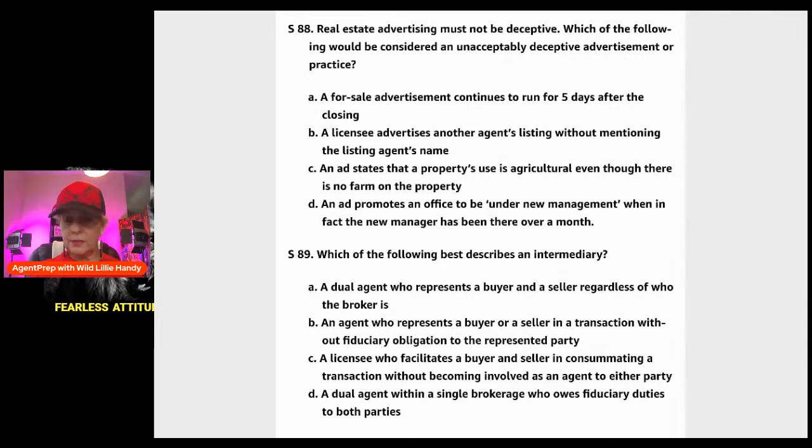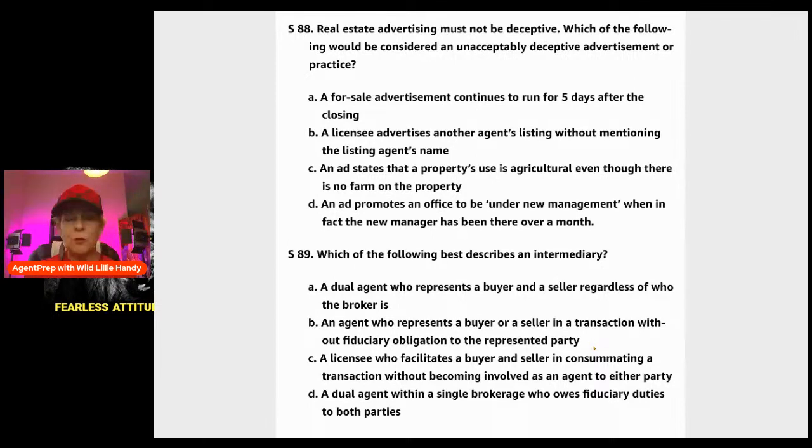The answer is actually C. Not B, not D. The answer is B, an agent who represents a buyer or a seller in a transaction without fiduciary obligation to the represented party. So brokers can sometimes be called an agent, all right? However, we normally identify them as a broker.